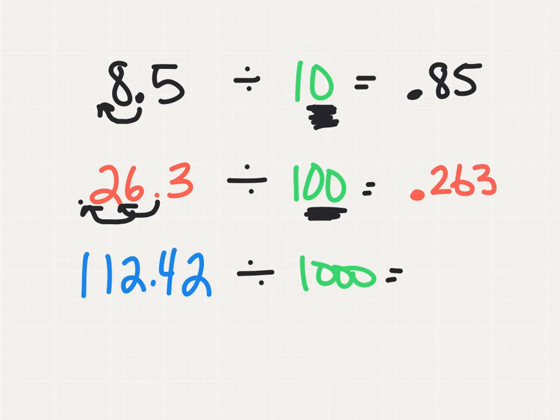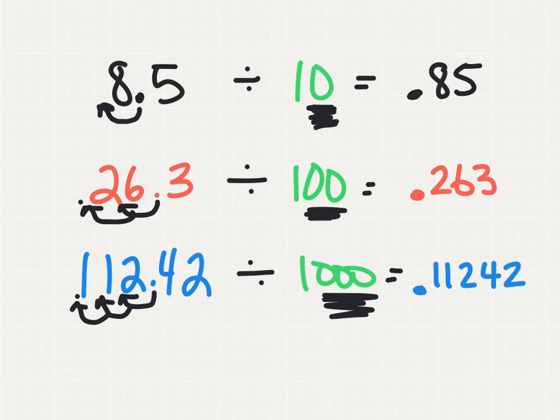And finally, 112.42, there are three zeros in 1,000. Dividing tells me to go left. I do that 3 places, and now I have 11,242 100,000ths.